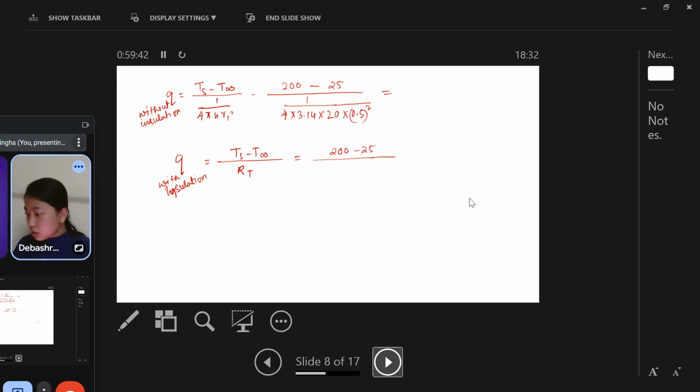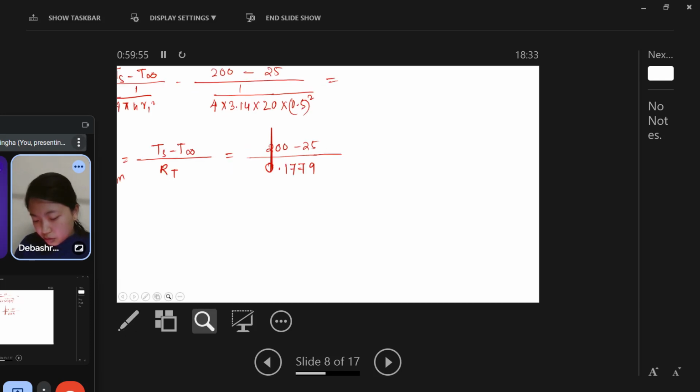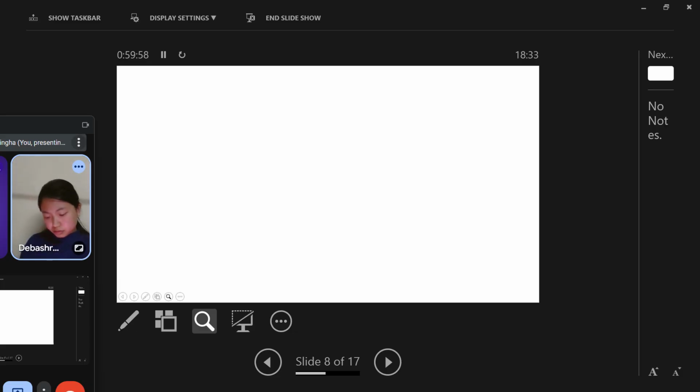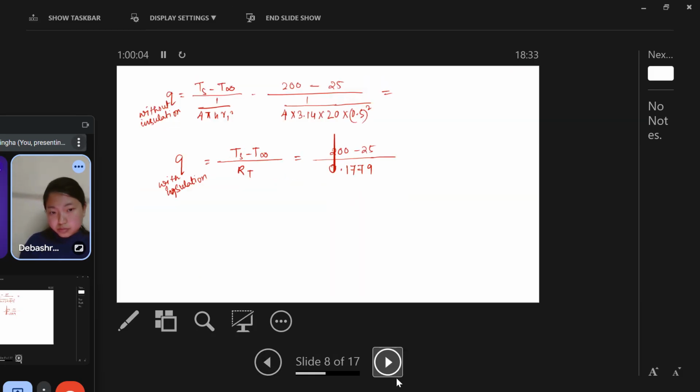I'm not calculating now, so directly I'm writing what is the total resistance. It will come out to be around 0.1779, and here you get around 10.91 kilowatt.